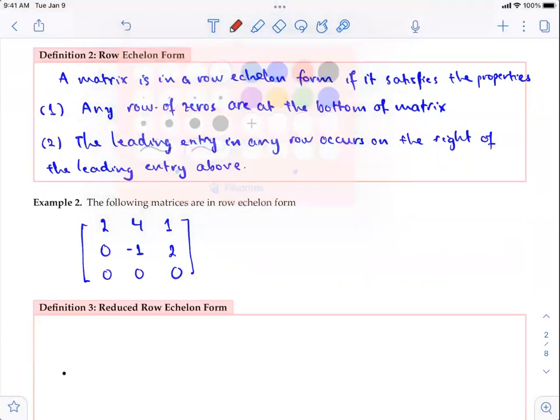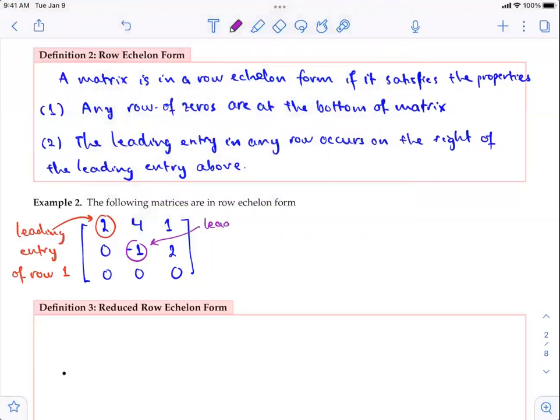Let me note here, this is called the leading entry of row 1, and this is the leading entry of row 2. You can see that the leading entry of row 2 is on the right of the leading entry above it. I hope it makes sense. Because it satisfies these two conditions, this matrix is in row echelon form.